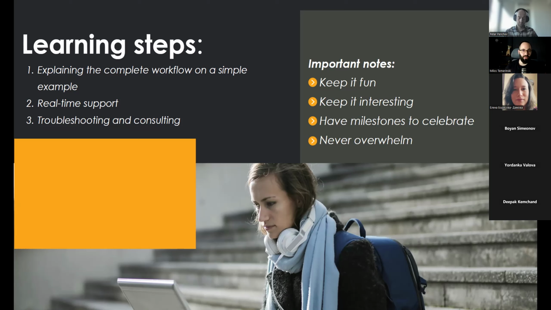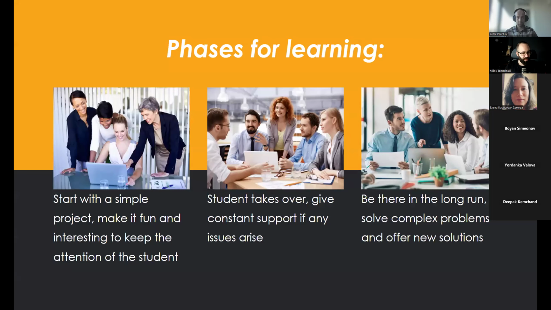And also never overwhelm. When it comes to teaching complex things, you can easily overwhelm somebody by going too deep and going too far into the details. So you really need to add that depth over time, but have those milestones to celebrate along the way. Okay, so with all of this, we have some phases that we can bring out of this fictitious scenario.